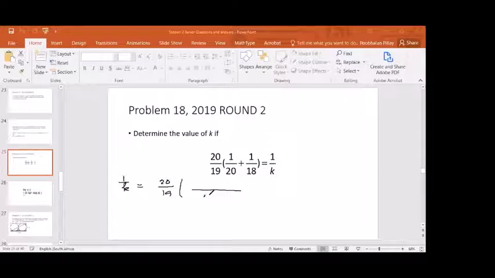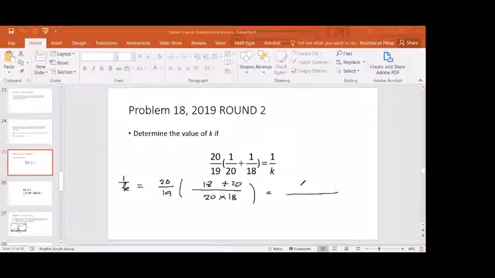So I will just write down the product, 20 times 18. Right, then what happens? 20 goes into this 18 times. You need not find the LCM. You just have to find a common multiple of these two. So 18 goes into this 20 times. So that's what you have.